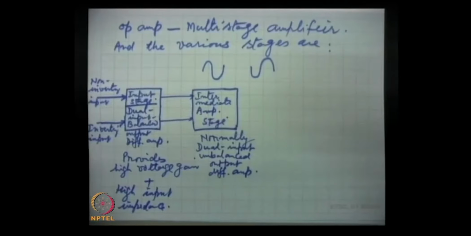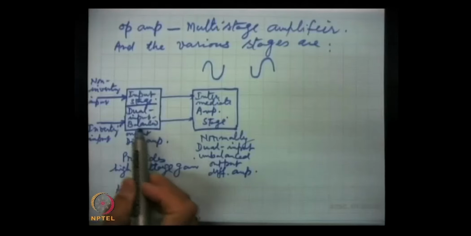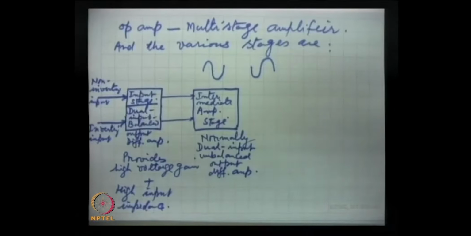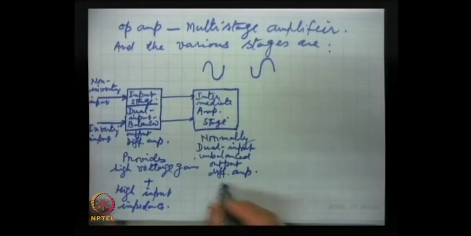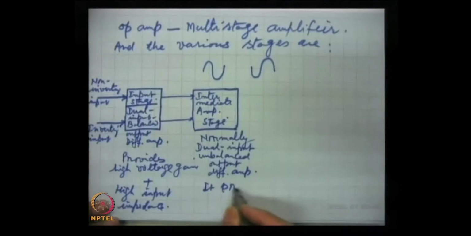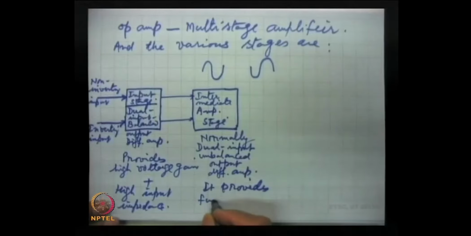Now, I am sure you are familiar with the terminology dual input, balanced output, and this is unbalanced output. That means from collector C2 of the differential amplifier the output is taken. So, obviously it provides further amplification.